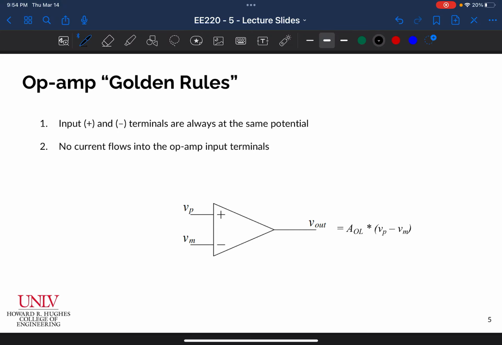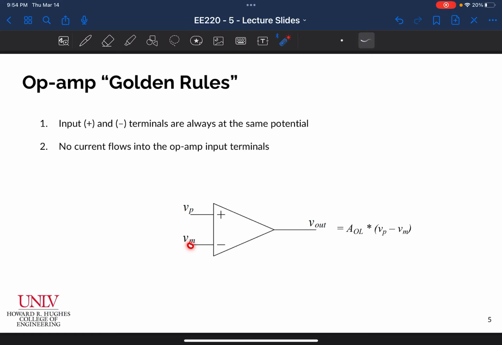Okay, so the first rule of op-amps is that the input terminals, the plus and minus terminals, we are going to assume that they're always at the same potential, okay? So any voltage that is on the plus terminal will show up the same on the minus terminal, right?